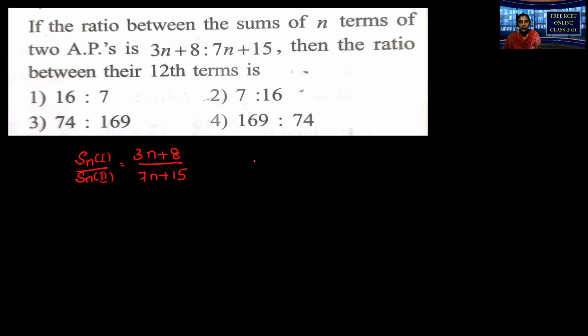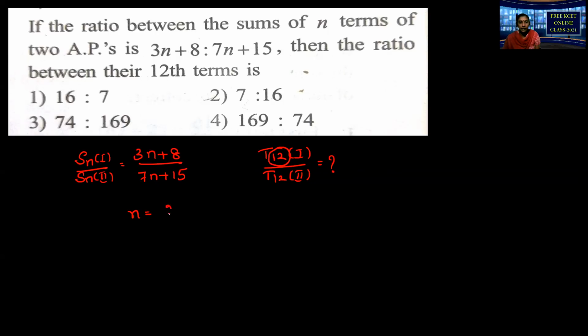Then I want to calculate the ratio of the 12th term: 12th term of first sequence divided by 12th term of second sequence. So I want to calculate the value of n to get the ratio of the 12th terms.